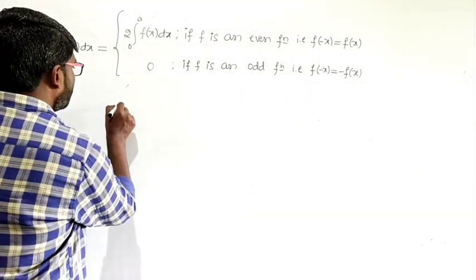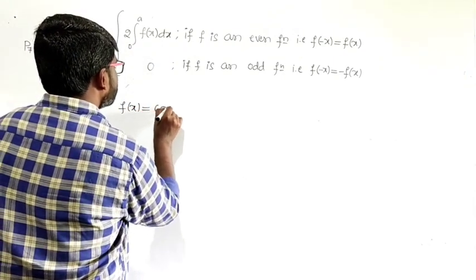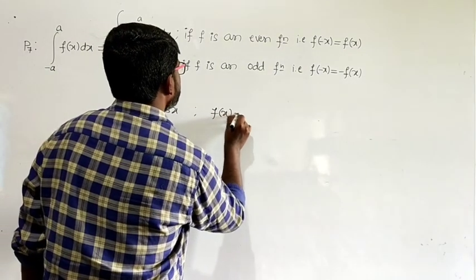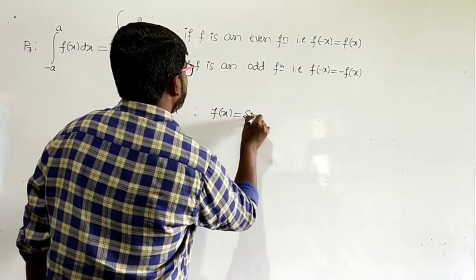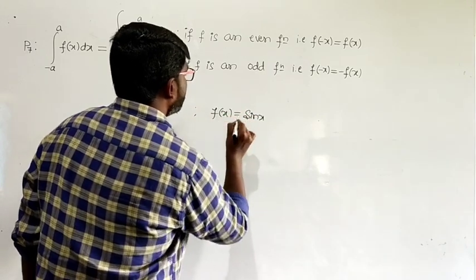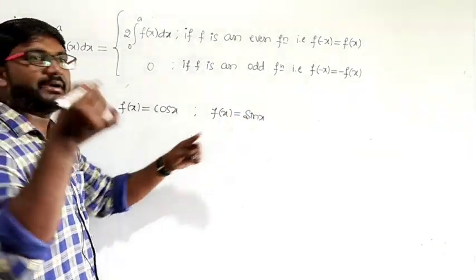So now I take f of x equals cos x, and another one will be f of x equals sin x. I am taking these two functions. Let us understand the meaning of even and odd function. So here in both the cases I change x by minus x.